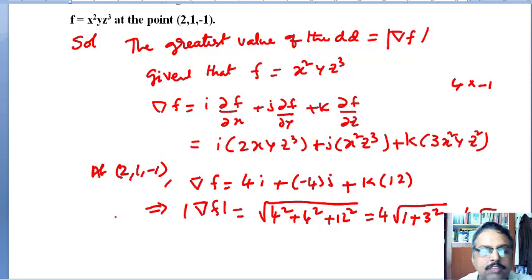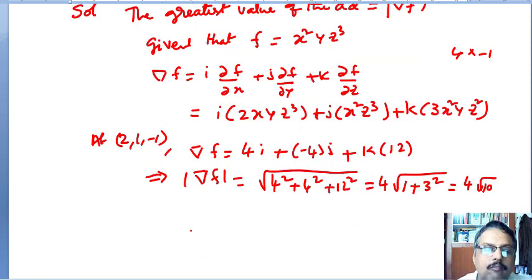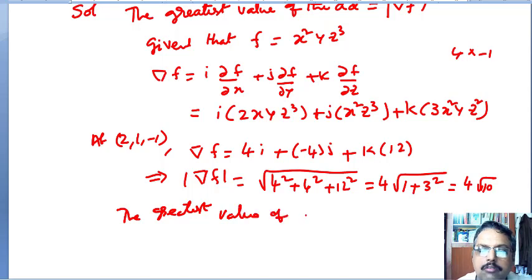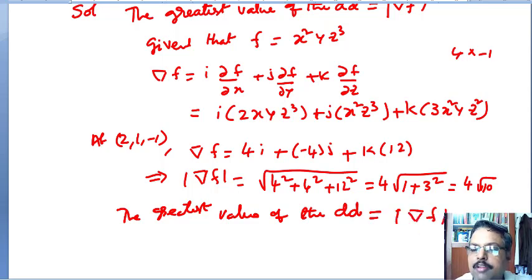So the greatest value of the directional derivative equals modulus of del f. That value is 4 root 10.